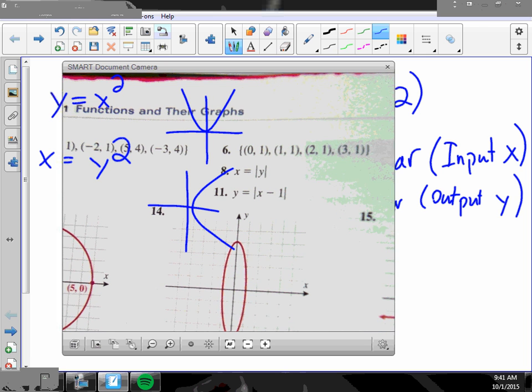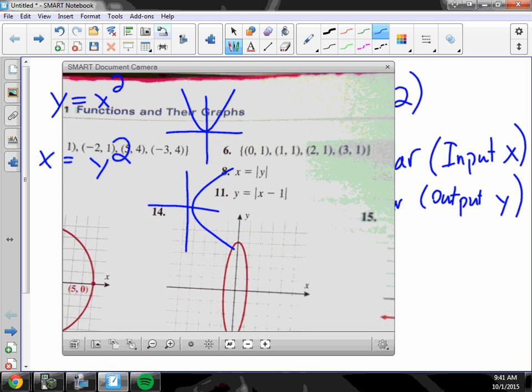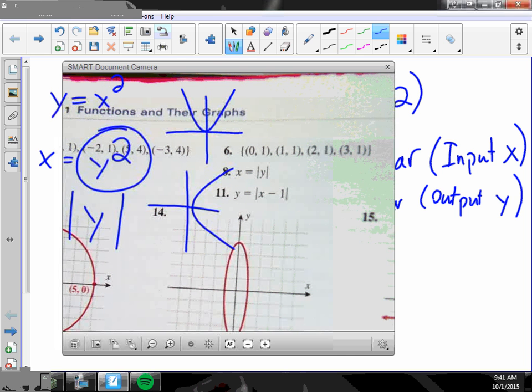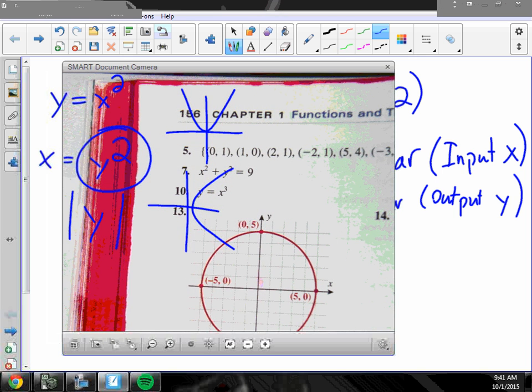So basically, how do you tell if it's a function? You look at the y variable. If it's y equals, it has to be a function. If it's not y equals, it might not be. Anytime you have y squared, it won't be a function. Anytime you have absolute value of y. So number 7, 7 is x squared plus y squared.